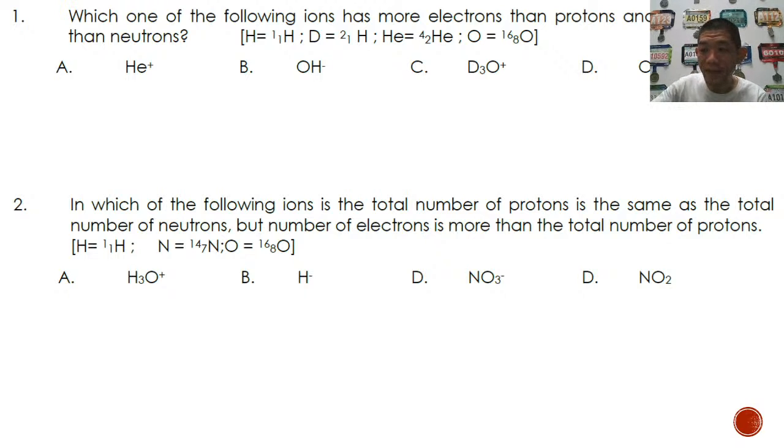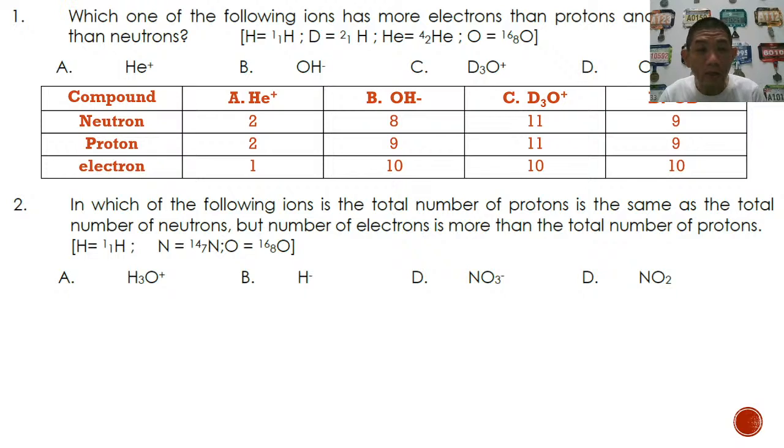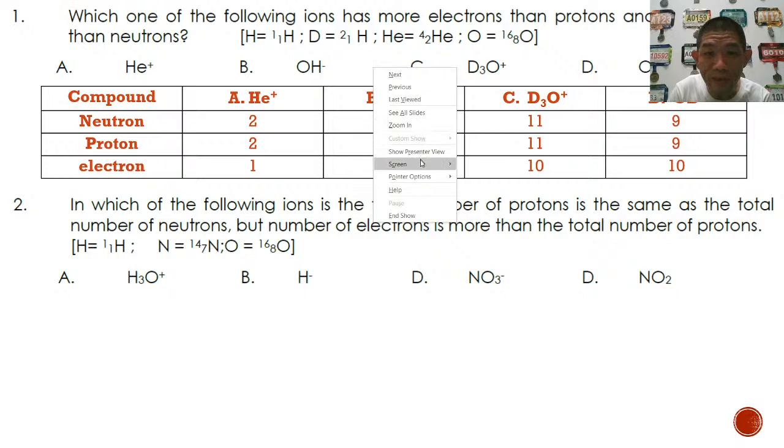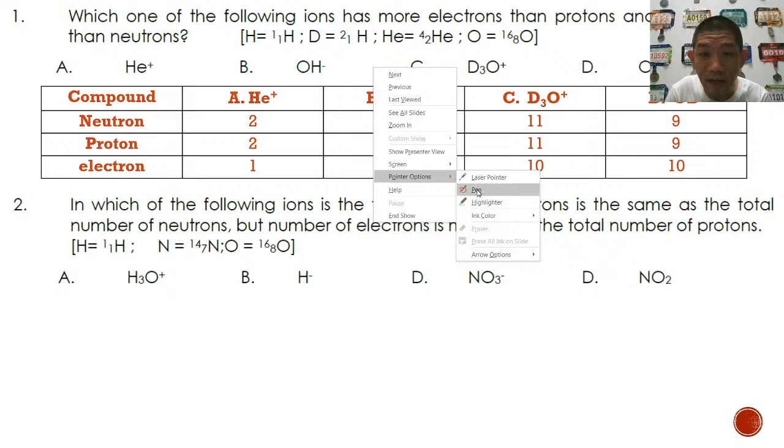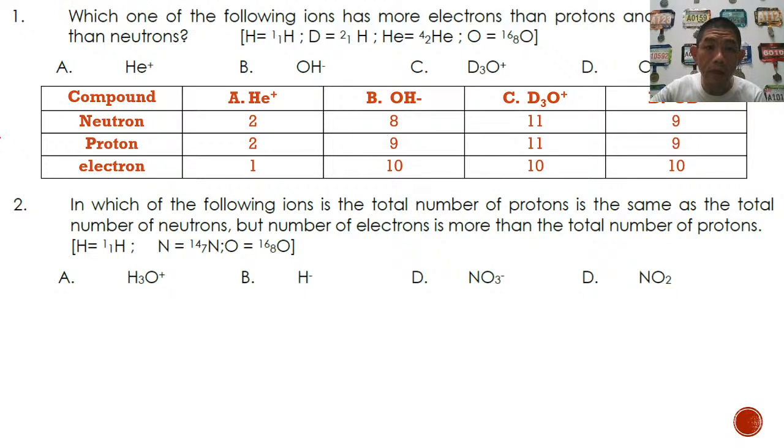You have to understand in this case that you have protons, neutrons, and electrons here. You must be able to deduce the number of protons, neutrons, and electrons.